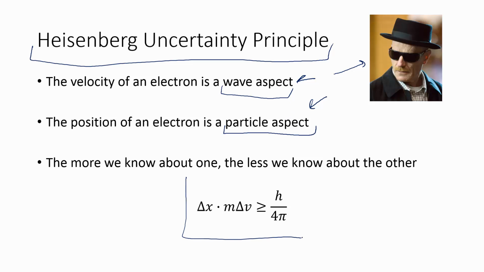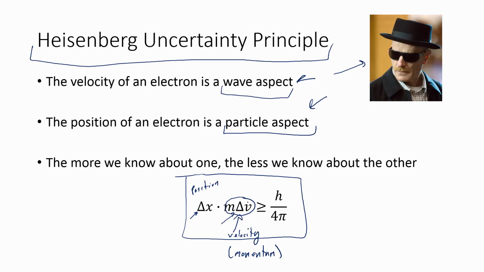So the equation tells us that we can tell where it is, or we can tell its velocity, or its momentum here, which is mass times velocity. But the two are related in a way such that we can't know them both infinitely well. The delta here means that we're looking at the change in position or the change in velocity.